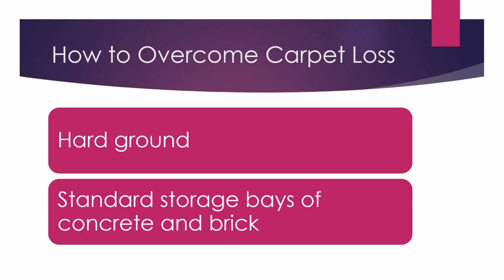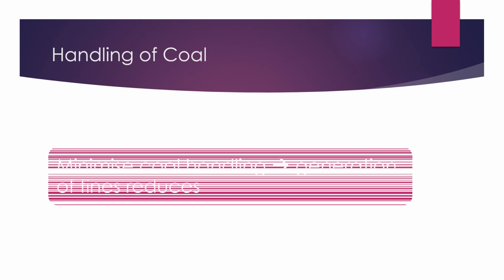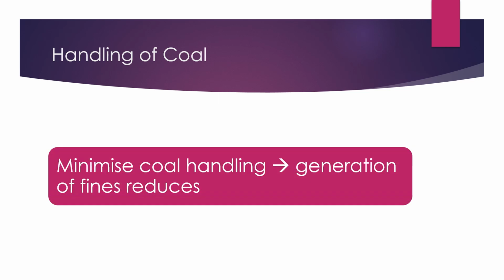In this way, soil and clay will not be mixed with coal, which will reduce the carpet loss. The second method is to prepare a standard storage base of concrete and block to overcome carpet loss. Now coming to handling of coal, the generation of fines is reduced as coal handling is minimized.